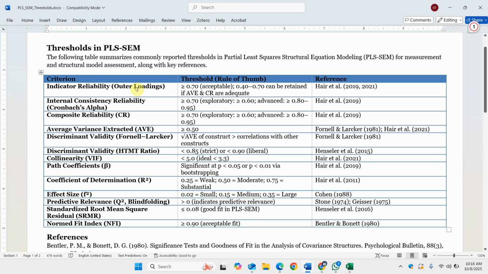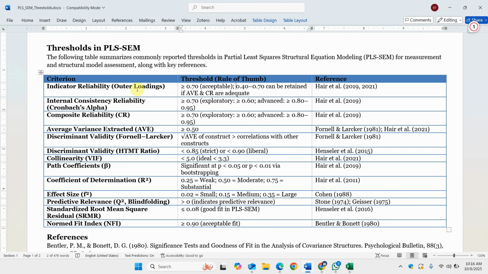reliability or outer loadings. Now, the normal threshold is that the outer loadings should be over 0.70, greater than or equal to 0.70, which is referred to as acceptable. However, they can be less than 0.70.